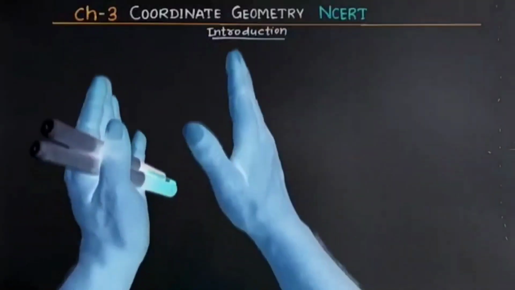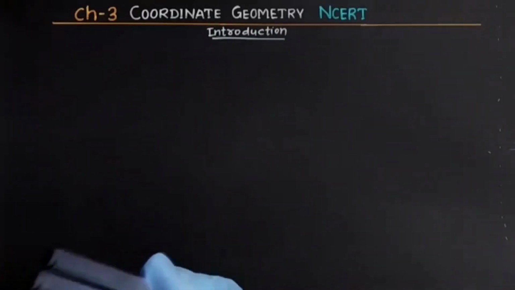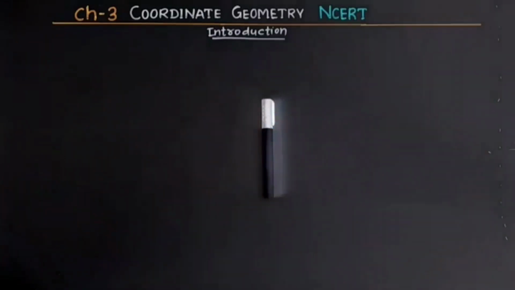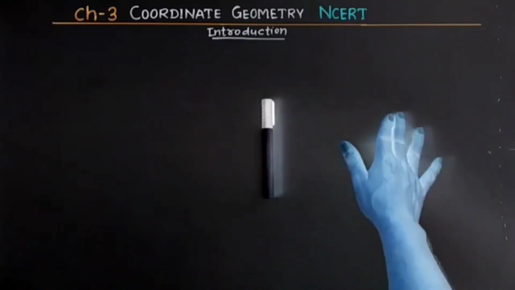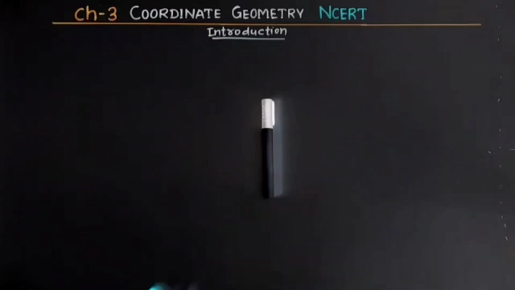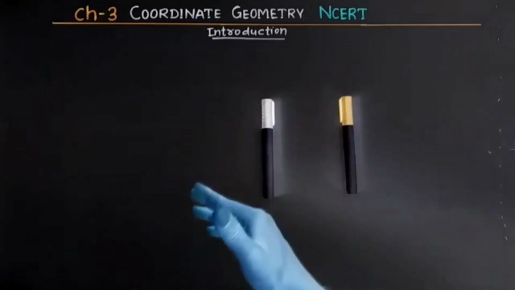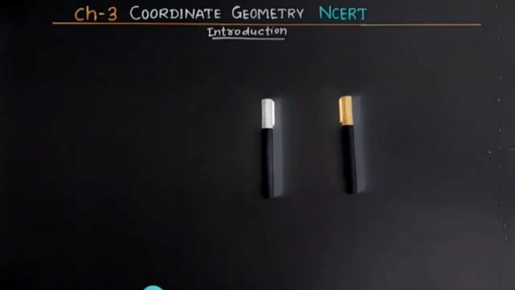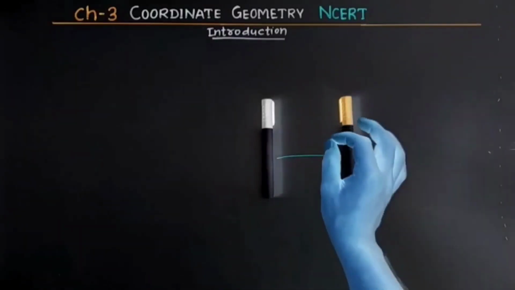Hello friends, let us start the very important chapter number 3, coordinate geometry for 9th standard. If I place a pen on a table, it is very difficult to find the exact position of this pen. But if I place a yellow pen along with a white marker pen, you can say the white marker pen is on the left hand side of the yellow marker pen.